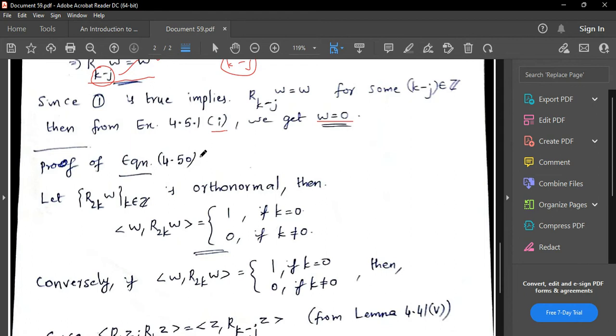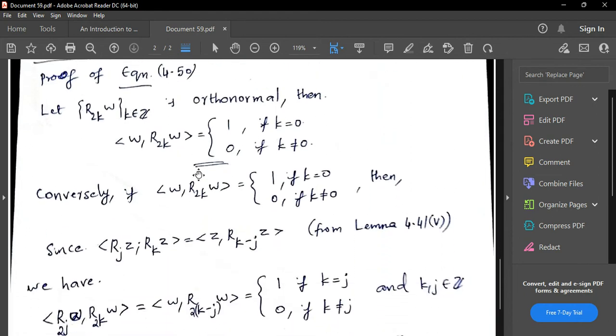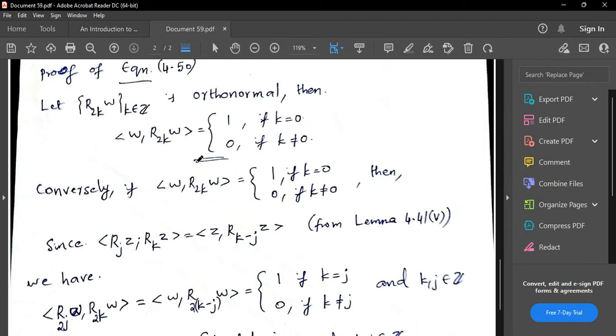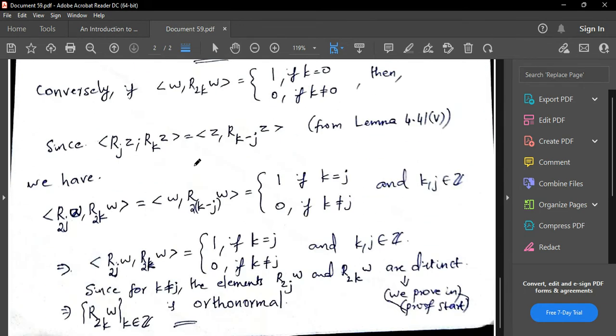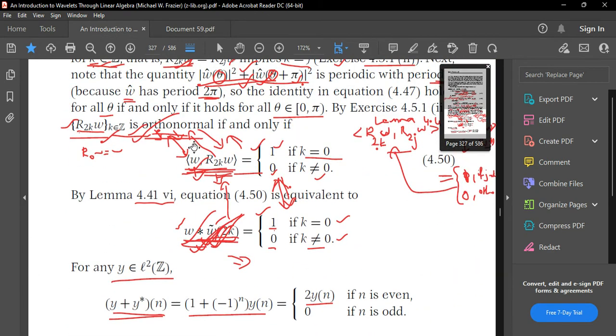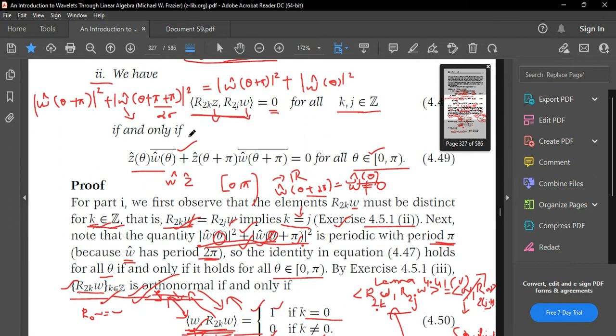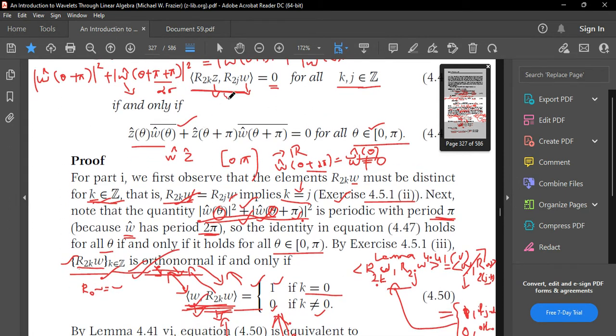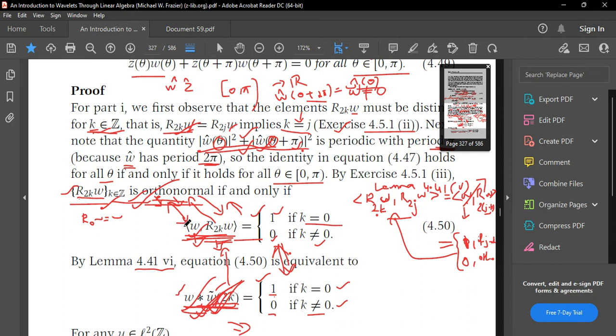In the same way you can prove this one. We can prove this statement in a similar way as in part 1. You first initially take this inner product equal to 0. This inner product is 0 means here we will get inner product z comma r 2k w equal to 0 for all k.